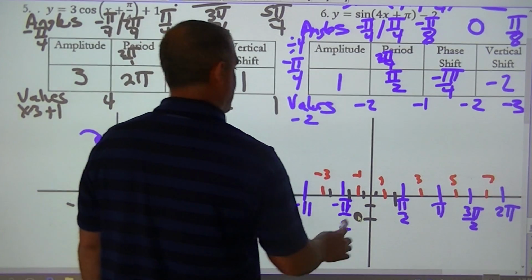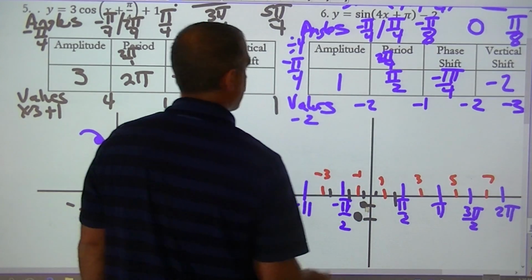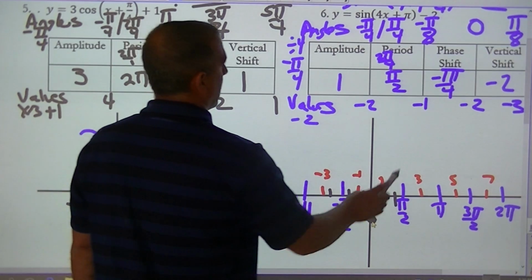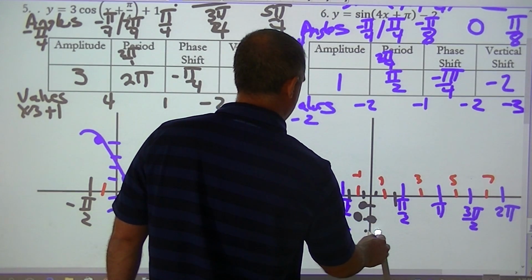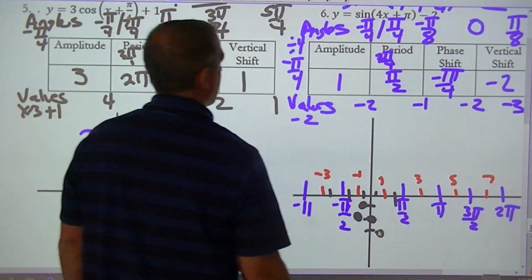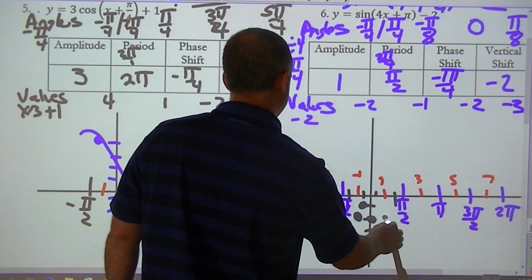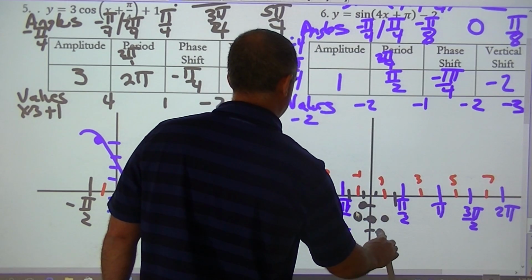At negative 1/8, I'm going to graph negative 1. At 0, I'm going to graph negative 2. At 1/8, I'd graph negative 3. And then coming back to 1/4, I would graph negative 2. So the graph looks like this.